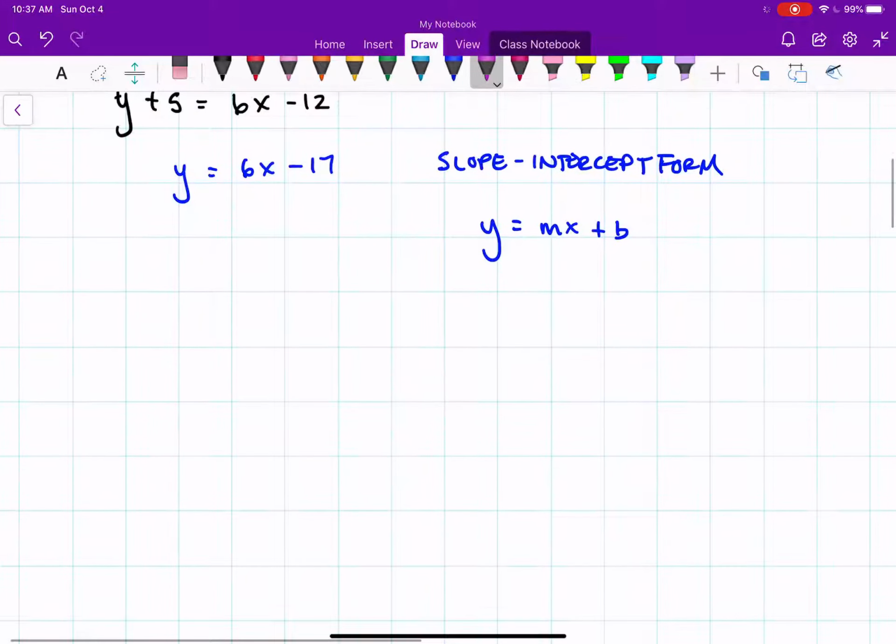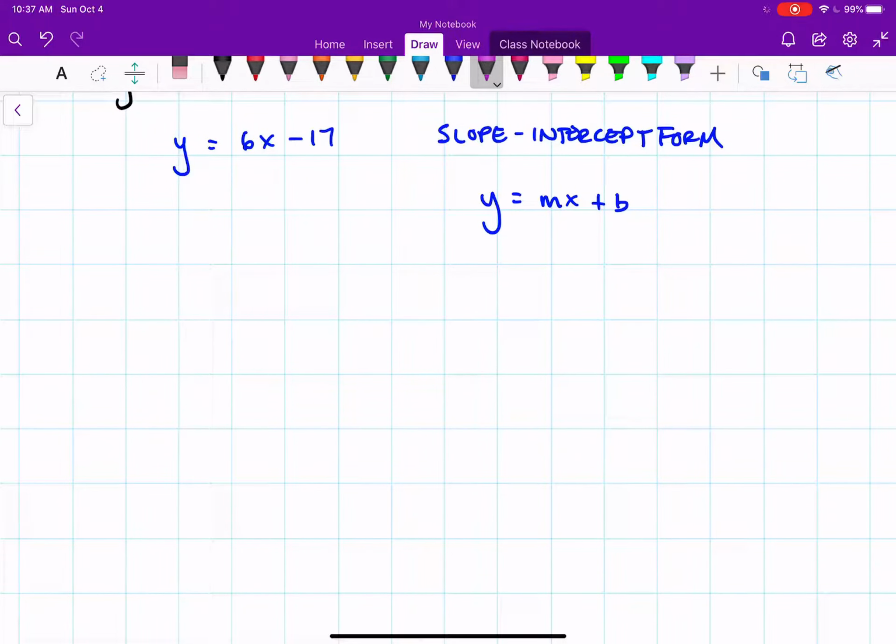Now, if we were to get everything together on one side, like if we were doing quadratic equations, but we're not going to actually do quadratic equations, let's say I want to get everything to one side. So over here, I'm going to move the y to the other side.